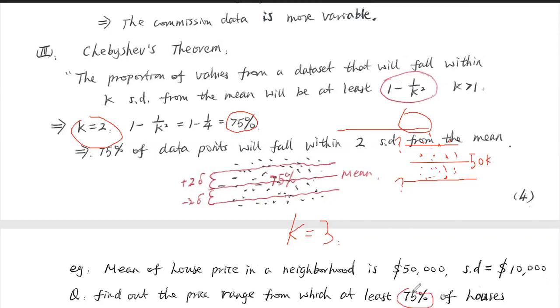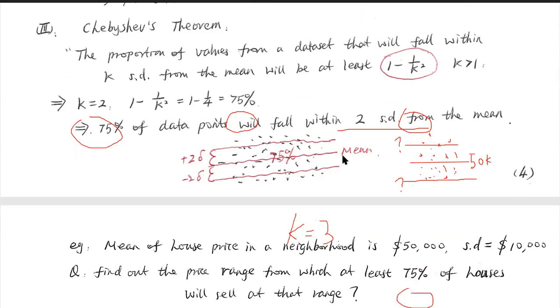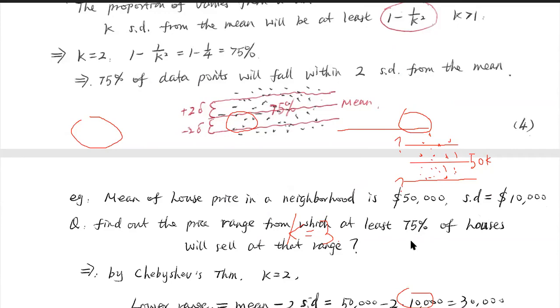Instead of 75%, I'm asking, how about 88.9%? So I'm asking, help me find the range so that this range will cover 88.9% of data points. In that case, K is equal to 3. Those are the kind of tricky things to tell you what K should be, right?